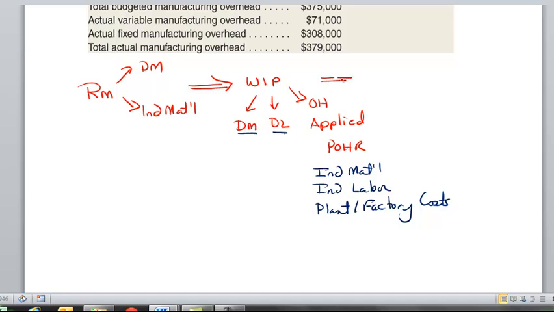Then once we are finished building something, it moves into finished goods on the store shelves, and then once we do sell it, it moves into cost of goods sold.